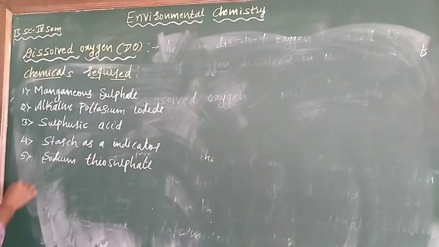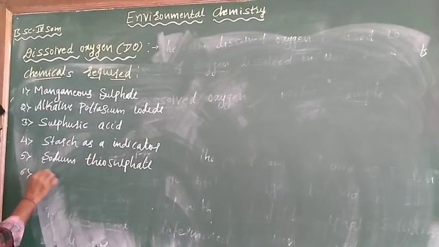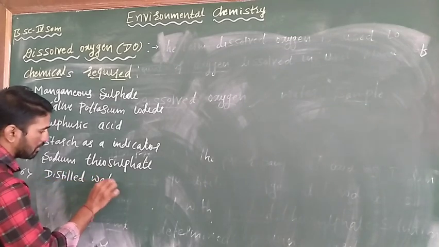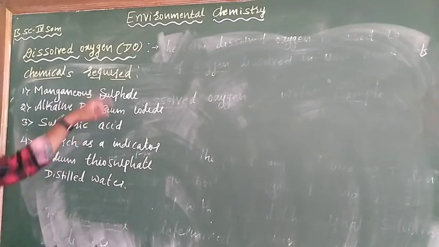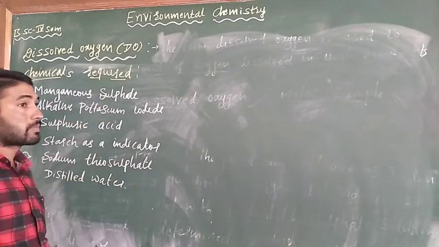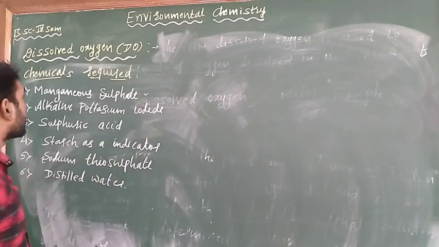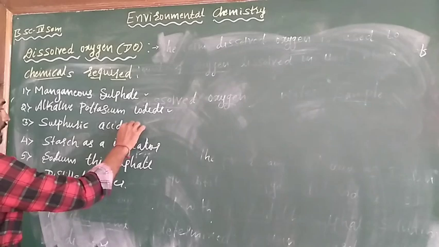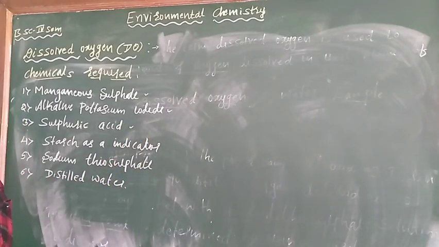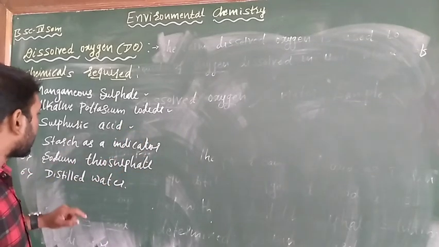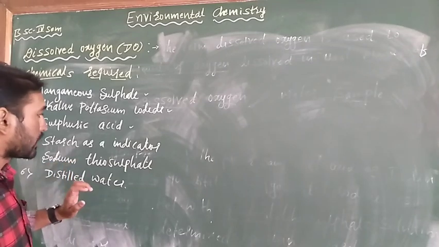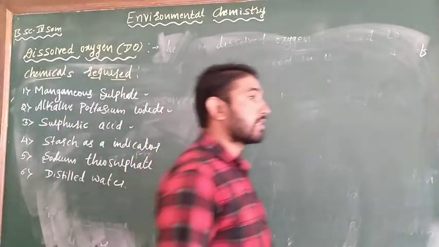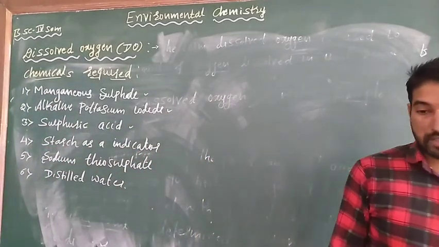And sixth one, distilled water. These are the chemicals used in this experiment. That is the first one, manganese sulfate, second one is alkaline potassium iodide, third one is sulfuric acid, fourth one is the indicator used, that is starch indicator, fifth one is sodium thiosulfate solution, and next one, that is distilled water, we have used in this experiment.